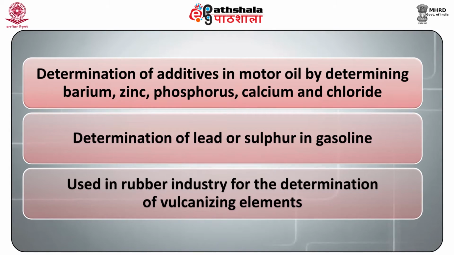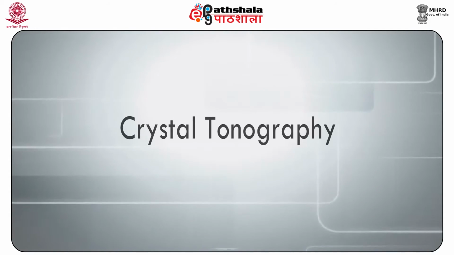Other applications include the determination of additives in motor oil by determining barium, zinc, phosphorus, calcium and chloride, and the determination of lead or sulfur in gasoline. It is used in rubber industry for the determination of vulcanizing elements.